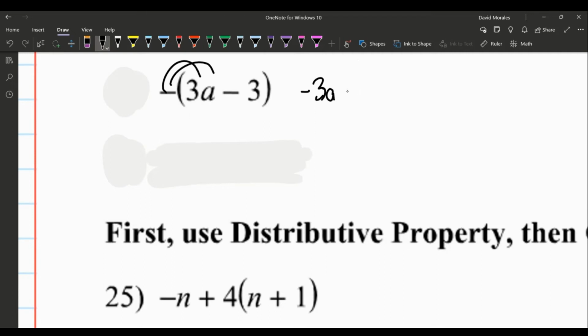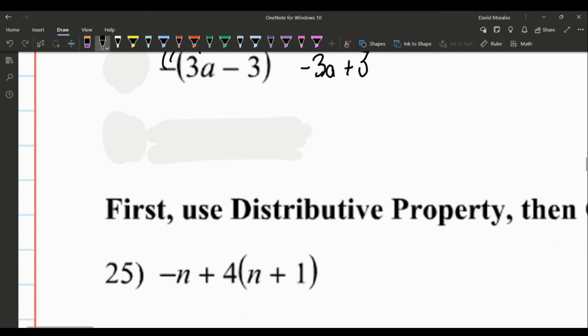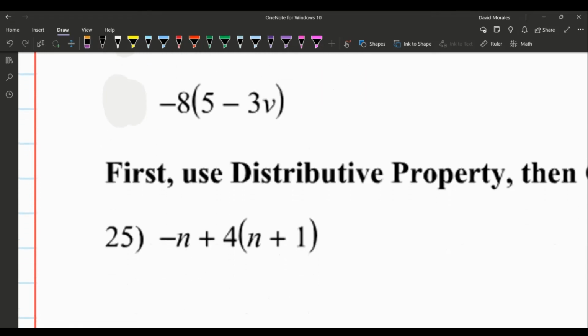Negative times negative 3 is positive 3. Negative 8 times 5 is negative 40.